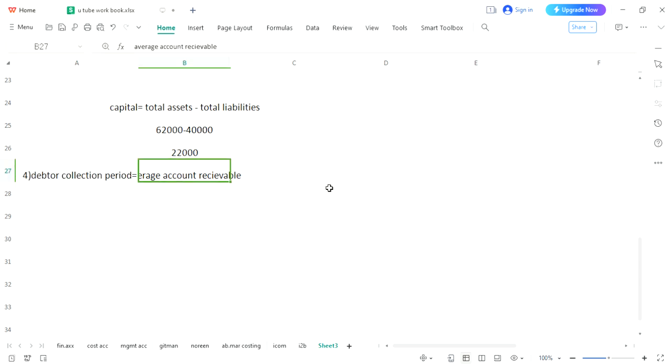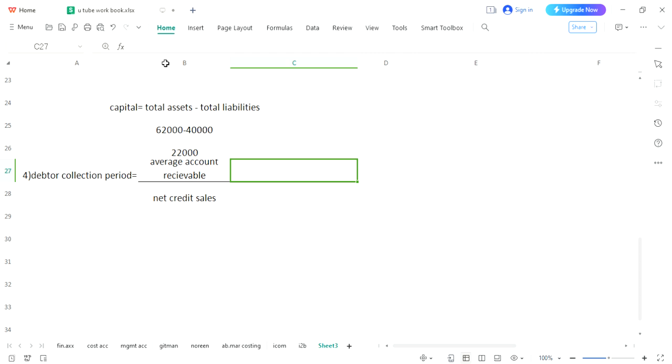Average account receivable, here we need to settle it down and we need to now divide it with net credit sales. Net credit sales, and this is the way to calculate average collection period, and we need to multiply it with 360.